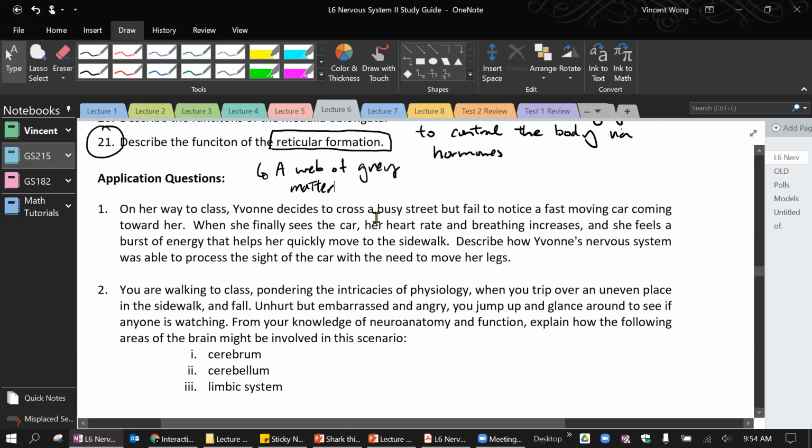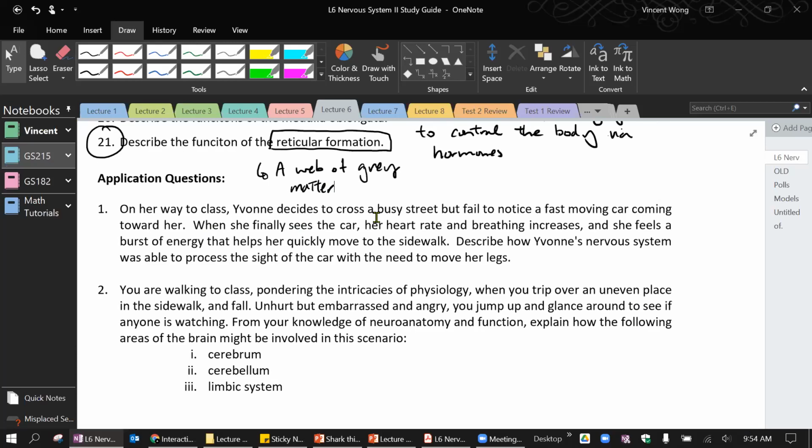Of course, when she sees the car coming, that information is going to get sent up to the thalamus. The thalamus will decide, oh, that is vital information, we should not ignore it, because if you get hit by a car, you're going to die.